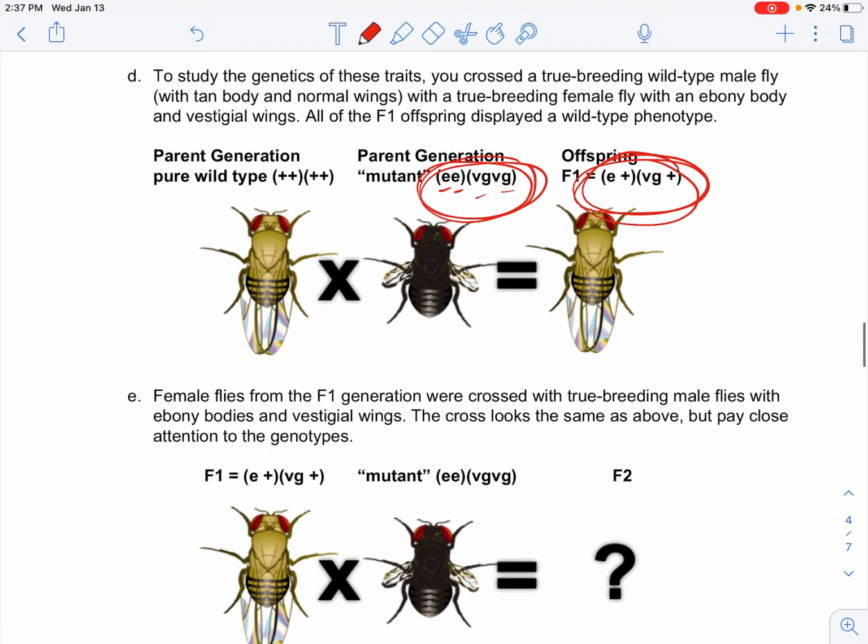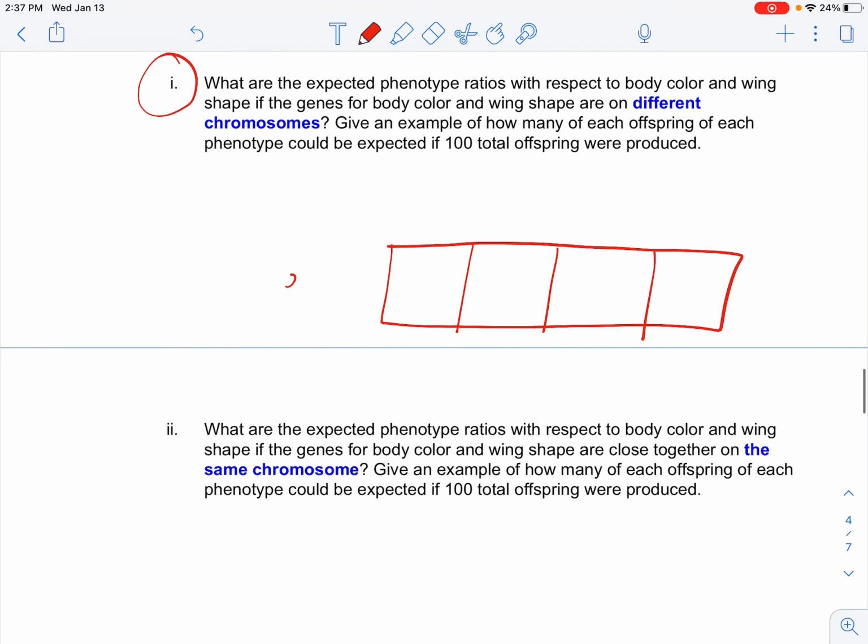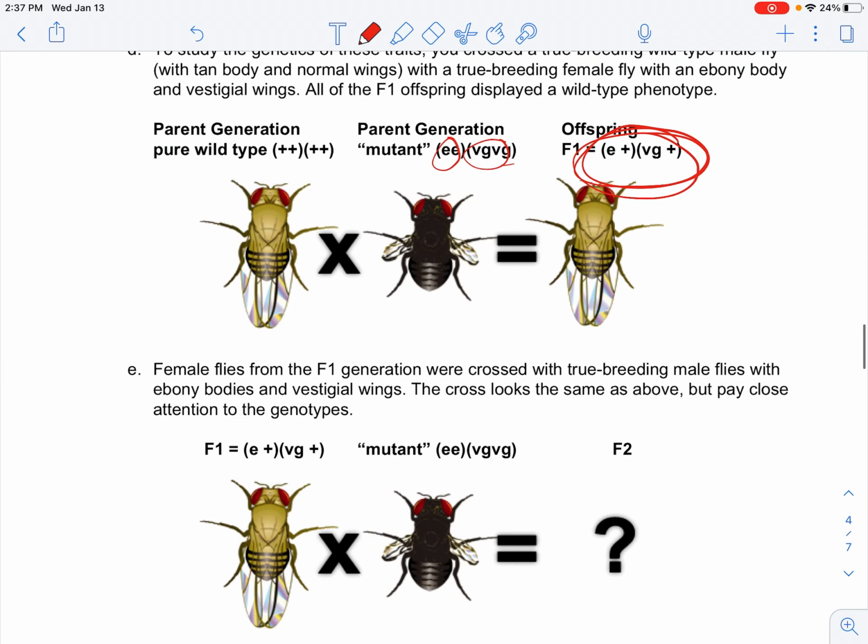since I know that the mutant can only provide the lowercase e and the vg genes, I can just put this here, and I don't have to have a giant 16-square Punnett square. But with the hybrid, we have to do the FOIL method now: first, outer, inner, last. And that's kind of confusing because we're using some letters that we're not really used to using here.